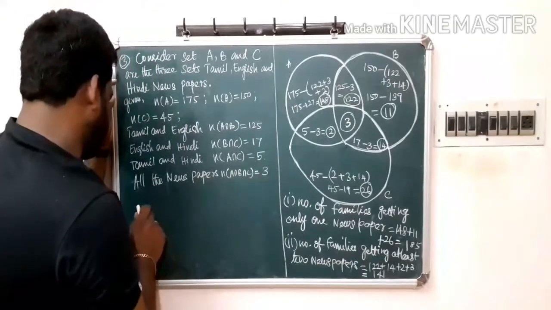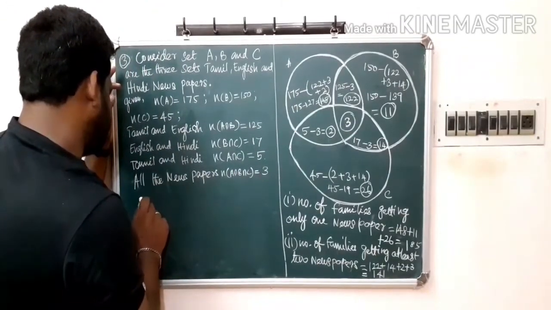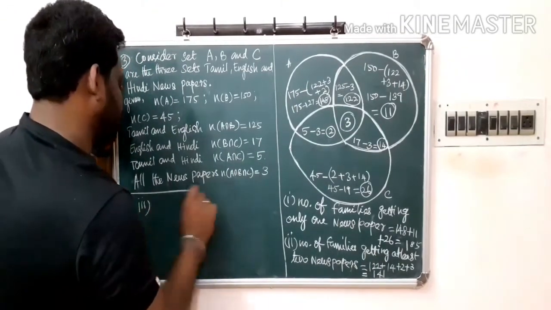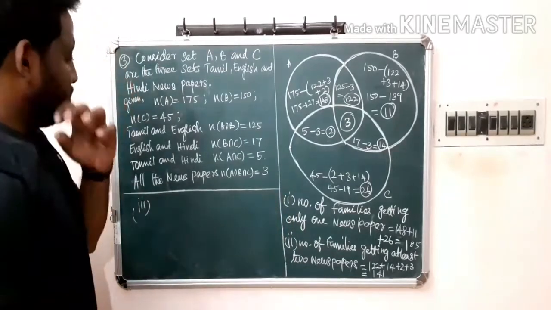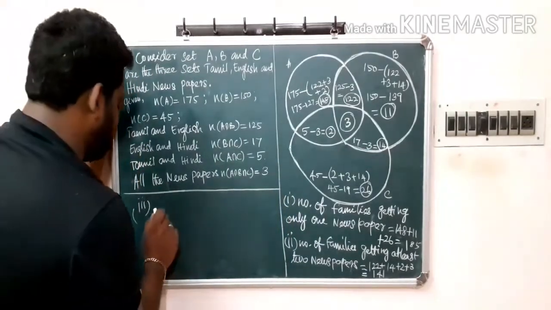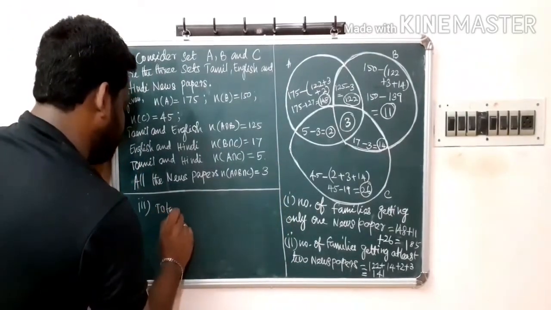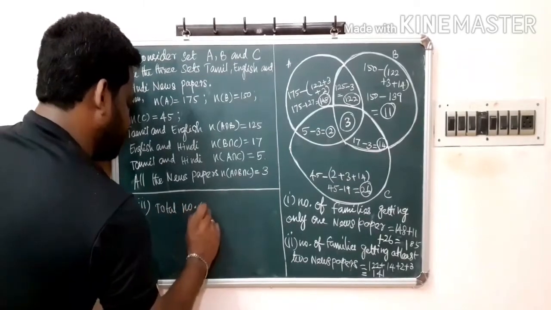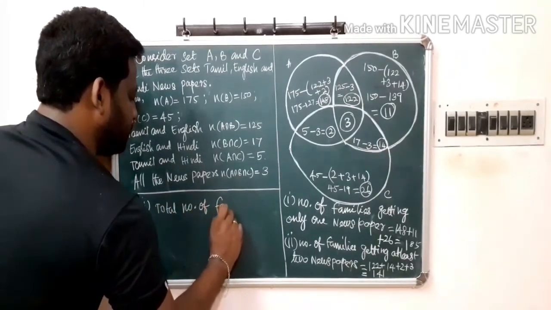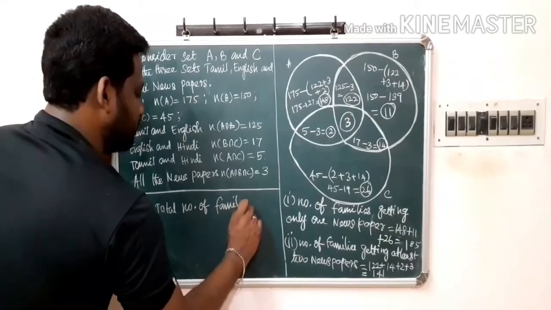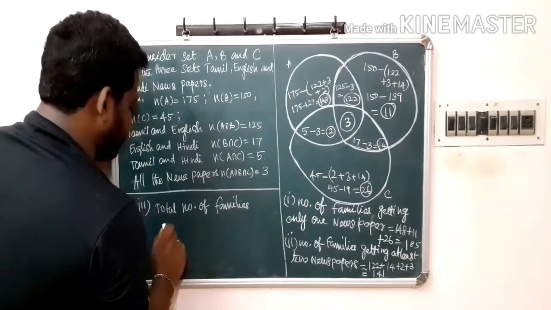Okay. And then the third question is, total number of families in the colony.